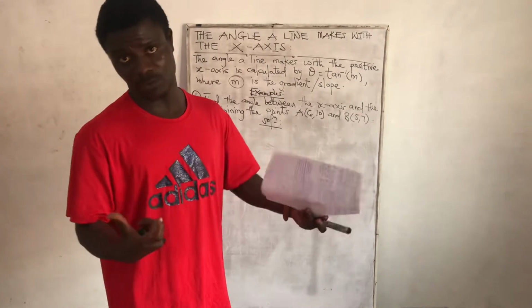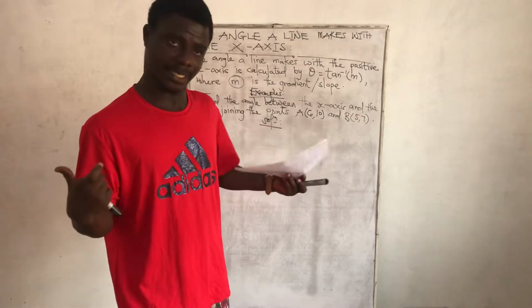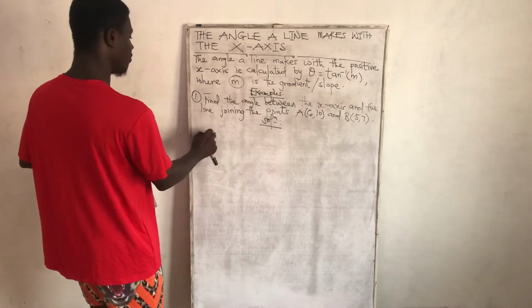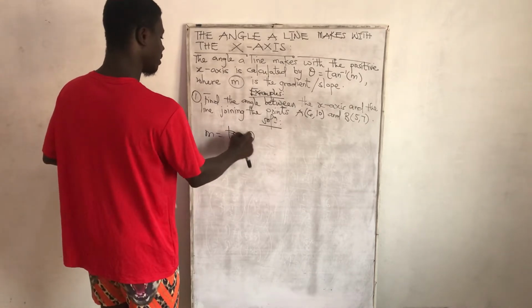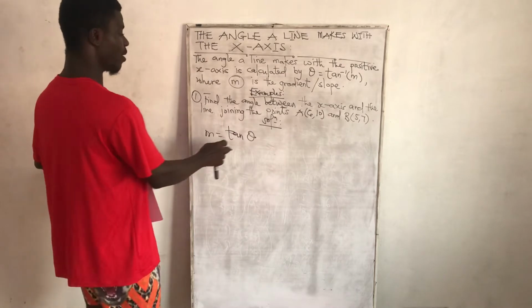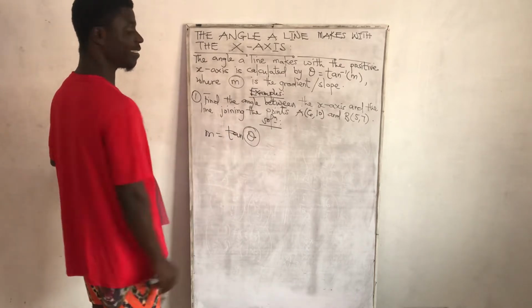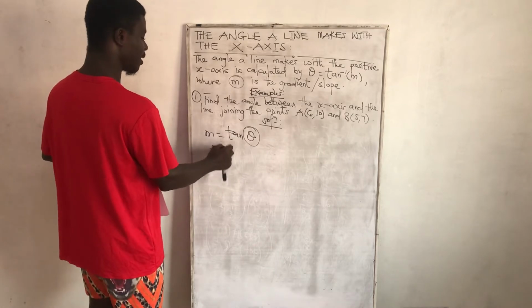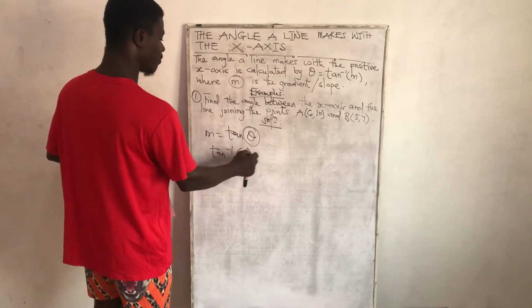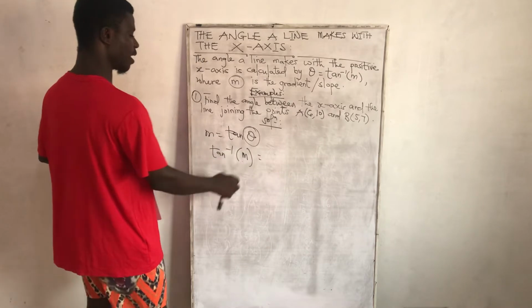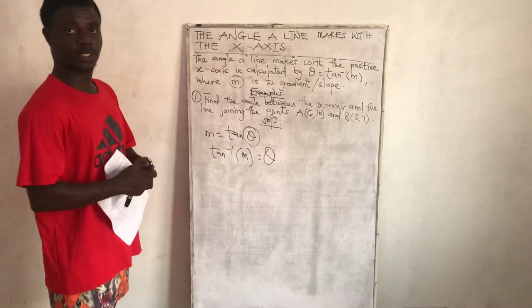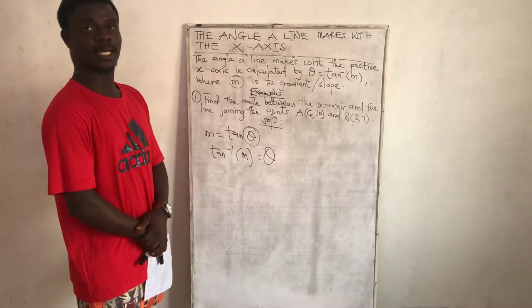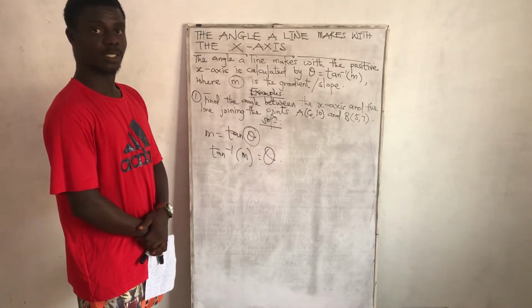But this time, if M is equal to tan theta, we have to find this theta, so we take the tan inverse of M. The inverse of tan will give us back our theta.